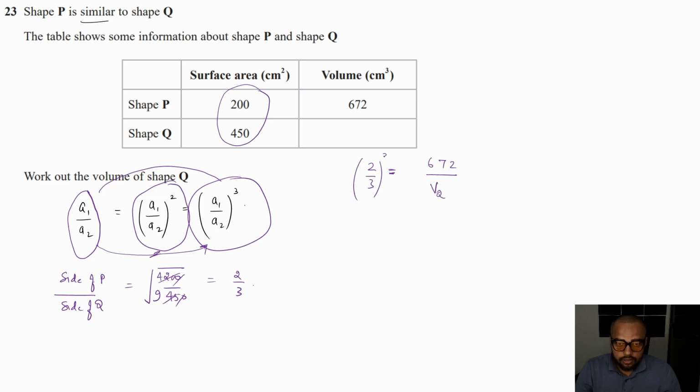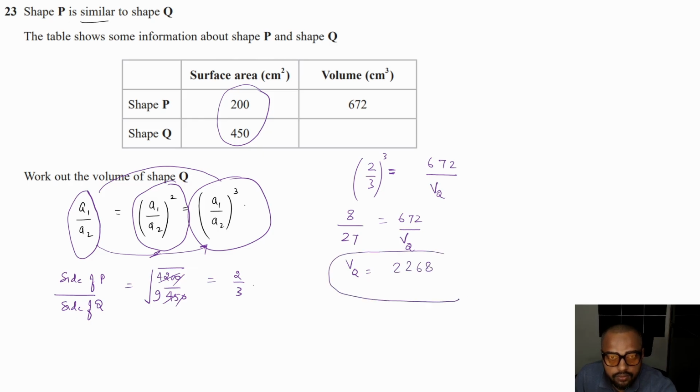So 8 by 27 will be equal to 672 by volume of Q. From here the volume of Q we are getting as 2268.